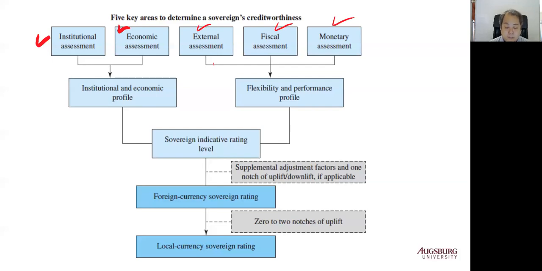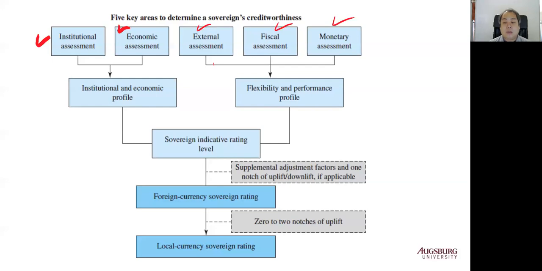The fourth one is the fiscal assessment. It's about the fiscal situation of the sovereign, of the country. So it reflects the sustainability of the sovereign's deficit and debt burden. And then the final one is the monetary assessment. It's about monetary policy, about the monetary authority, usually the Fed in the United States, Bank of Japan, ECB in Europe.